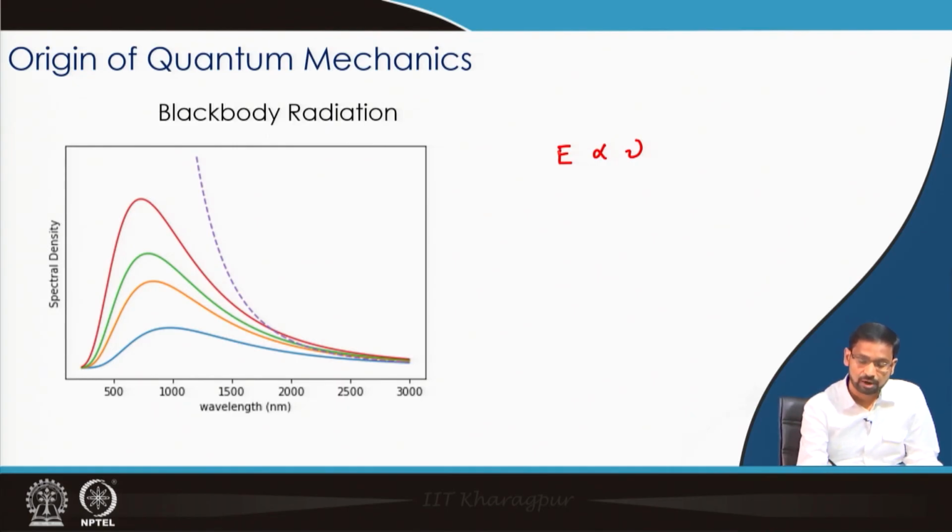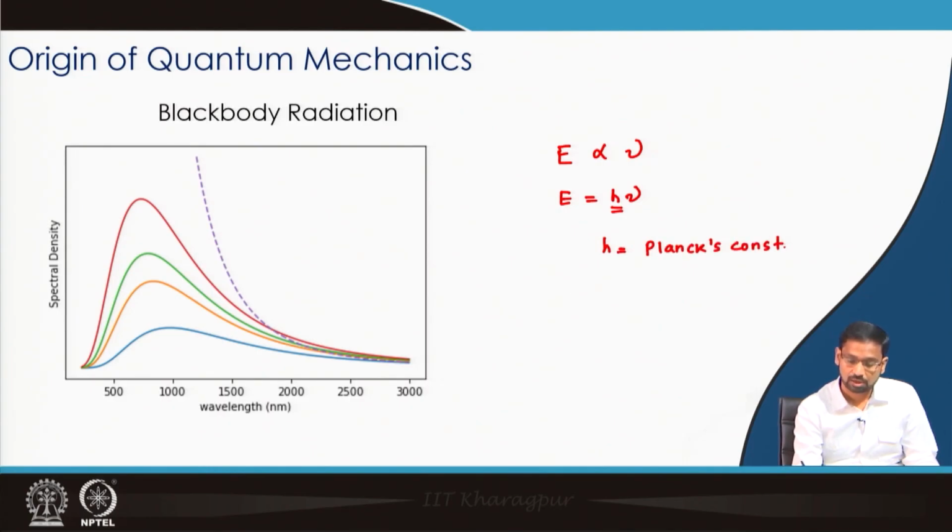Therefore, instead of using wavelength or frequency as a continuous function, he used it as a discrete set of values. In that case, the algebra changes, and using that concept he could reproduce the experimental result. To obtain this experimental result, he finally had to use this proportionality constant as h, and this h we know as Planck's constant.